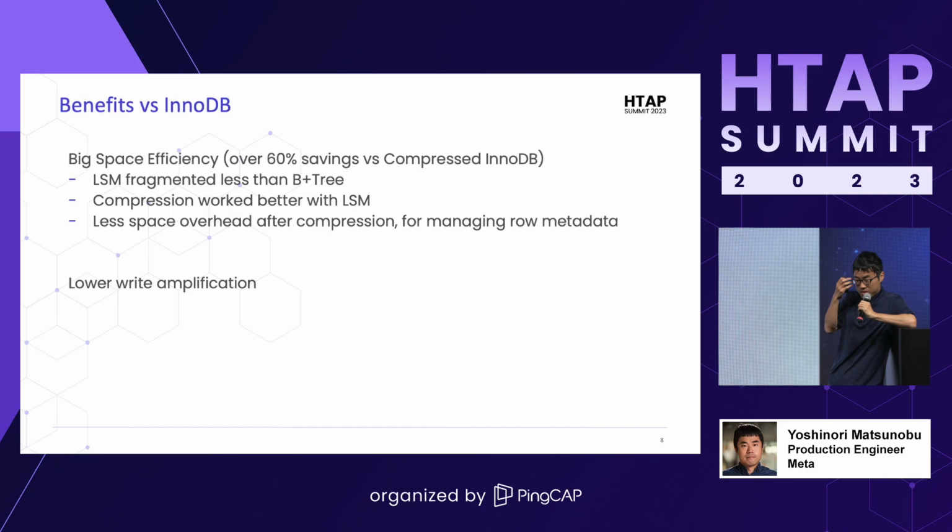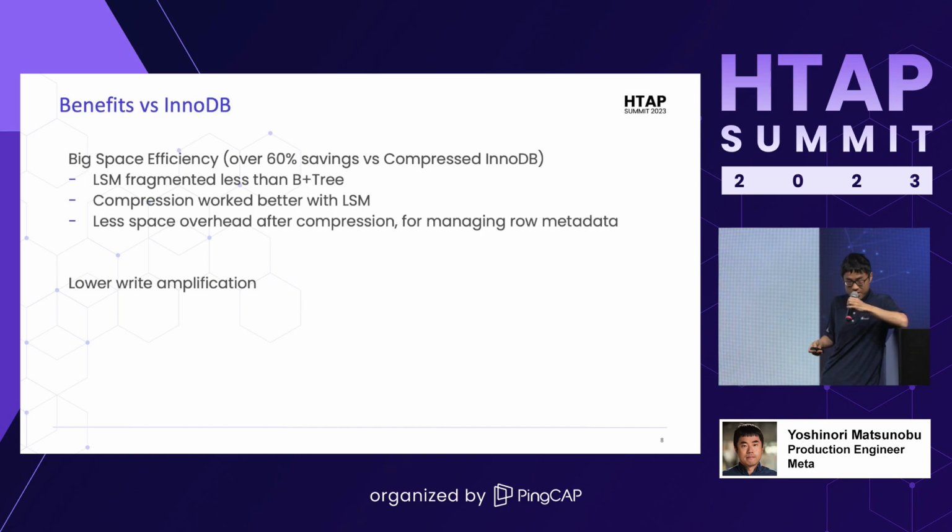Eventually we could save more than 60% space compared to compressed InnoDB formats, which is a huge win for us. And a big space efficiency win means it writes less, so you can potentially use more affordable flash drives, because flash has write cycles.